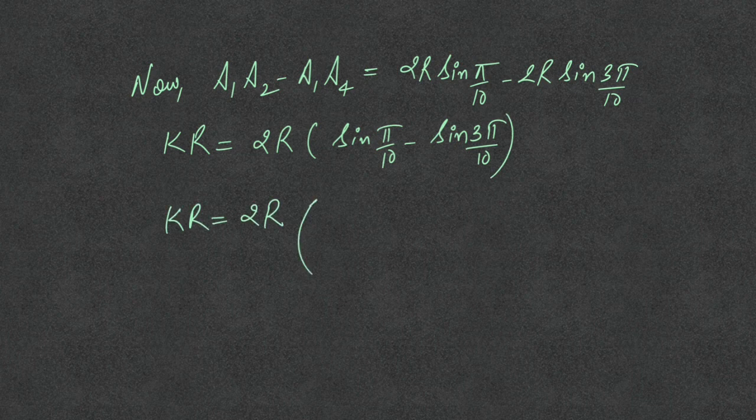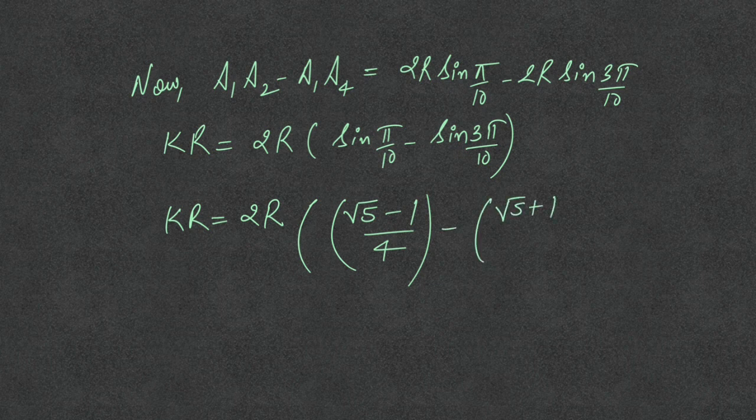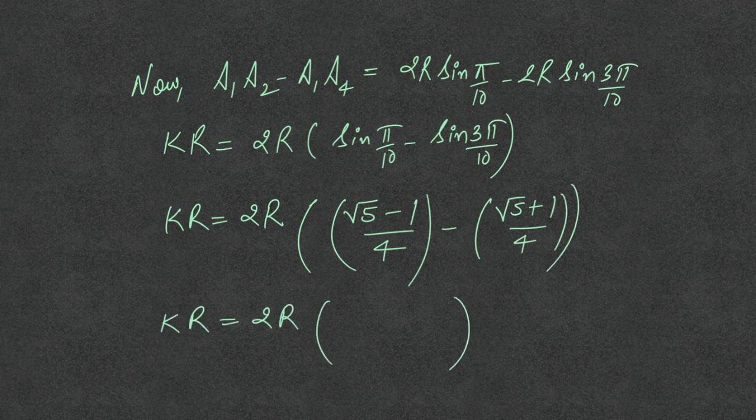Sine pi by 10 is sine of 18 degrees, and the standard value of that is root 5 minus 1 upon 4. And for sine 3 pi by 10, the standard value is root 5 plus 1 by 4. On simplifying the bracket, we get minus 2 by 4, which further becomes kr is equal to minus r, which implies k becomes minus 1.